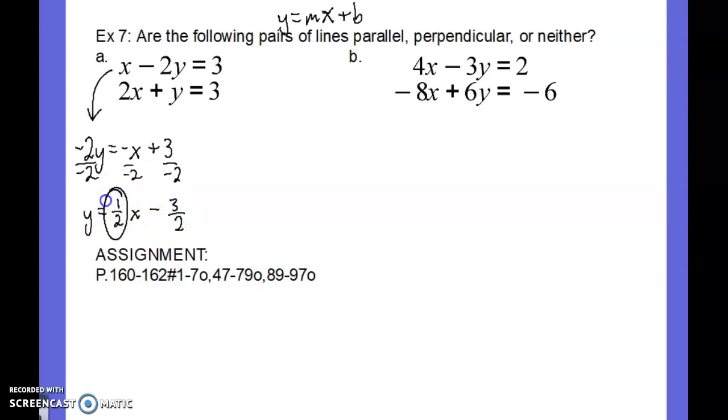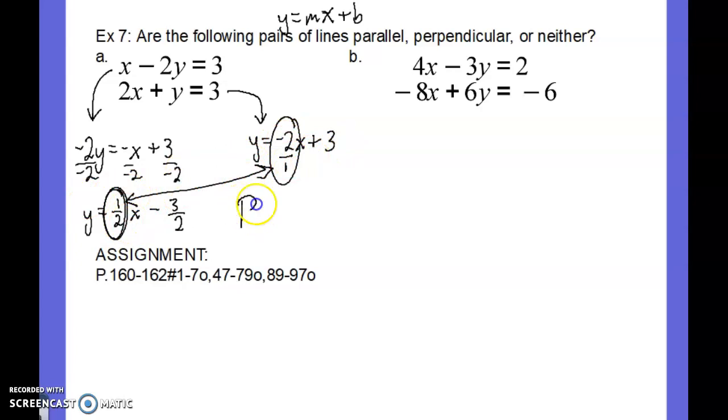So I really only care about this number. So then let's look at this one. Okay, well, if I subtract 2x over, well, this slope is -2 over 1. As we compare these 2 things, one's positive, one's negative, so they're negative reciprocals. These 2 lines are perpendicular.